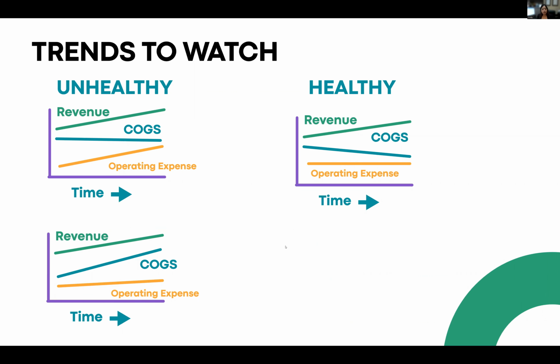Now, another trend to watch here. Here we're looking at the cost of goods sold. So what's saying here is the revenue is increasing, the cost of goods sold is the same, and then the operating expense is increasing. So the healthy version of that is your revenue is increasing, your cost of goods sold is on a decline, and you achieve that by being more cost efficient.